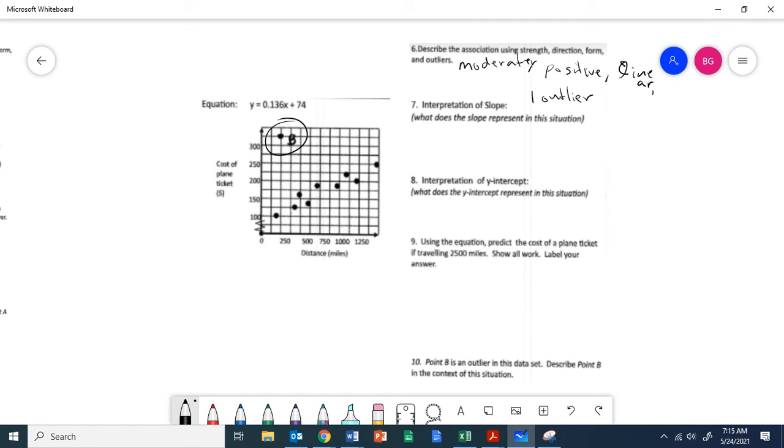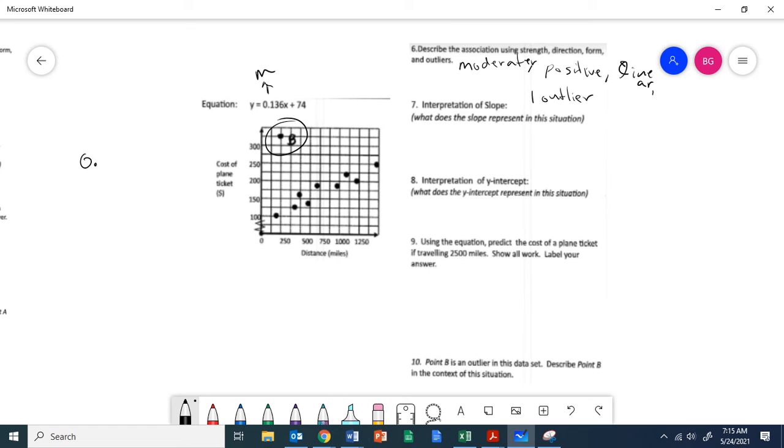Okay, so, interpretation of slope. I want you to try this one now. All right, so remember our slope here is change in y over change in x, which is the 0.136. So that's our slope. I'm going to do it again as a fraction over here on the left-hand side.